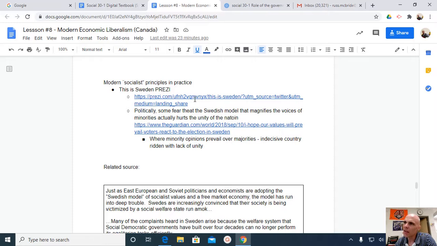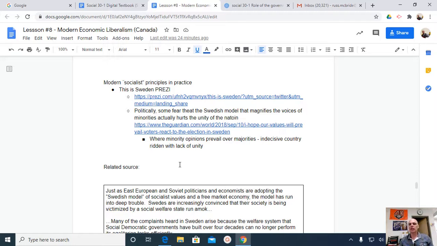I do have a Prezi about Sweden. So Sweden doesn't have to be on the multiple choice exam, but many people like to use Sweden on their essay to say, you know what, I'm going to write a Goldilocks economic essay. Canada may not be enough, may not be the just right, so I'm going to use Sweden instead.